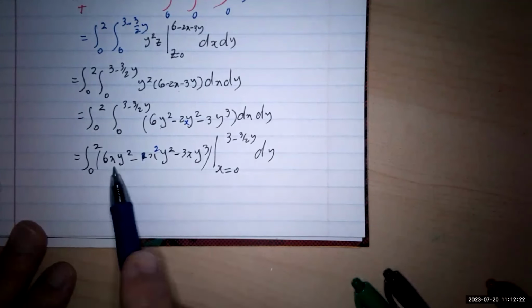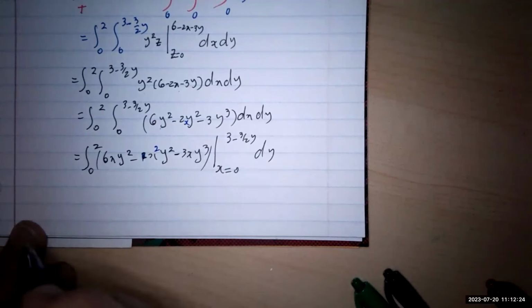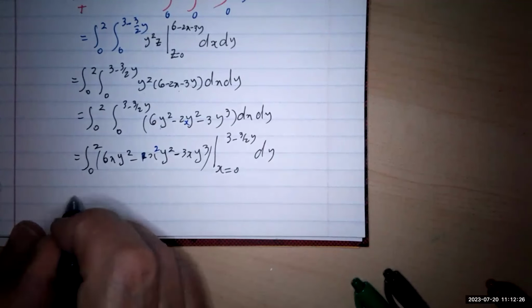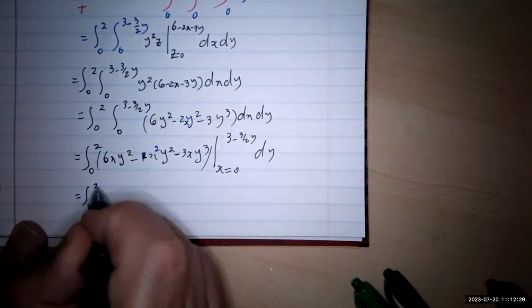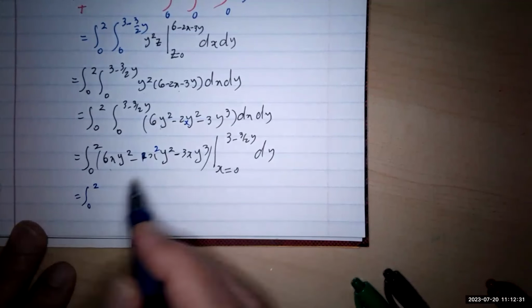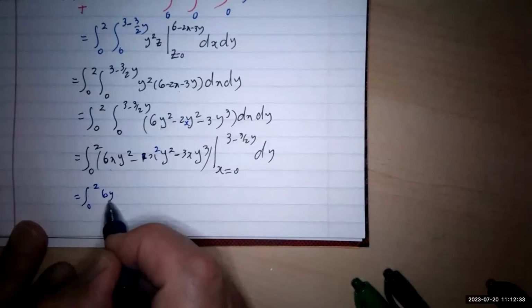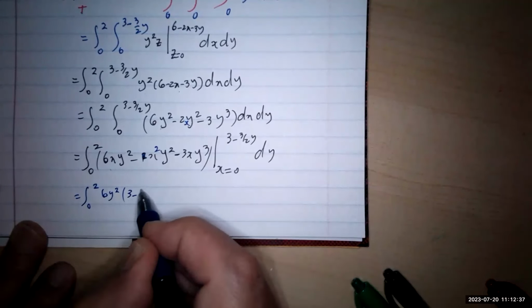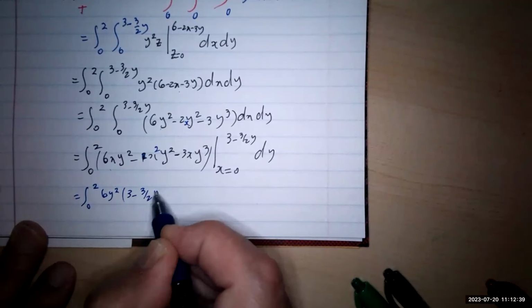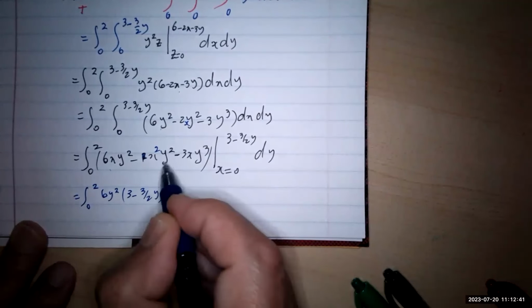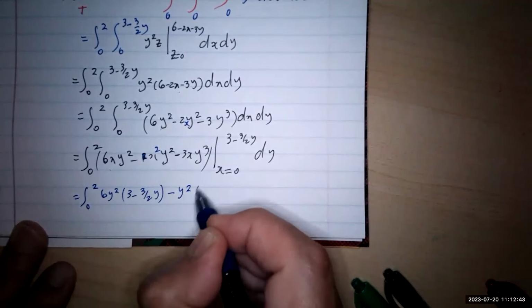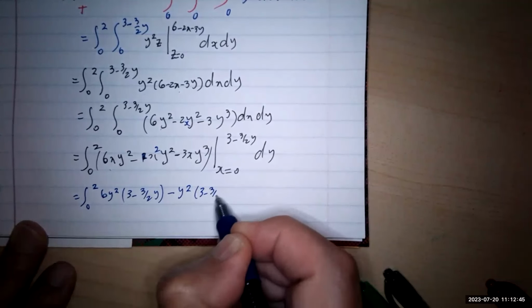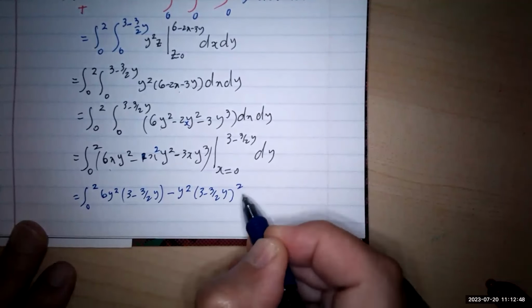If you put x equal 0, we get nothing. If you put the other one, so this is going to be 0 to 2. 6y squared times, well, it's going to be polynomial, 3 minus 3 half of y, minus x squared, which is y squared times 3 minus 3 half of y squared.